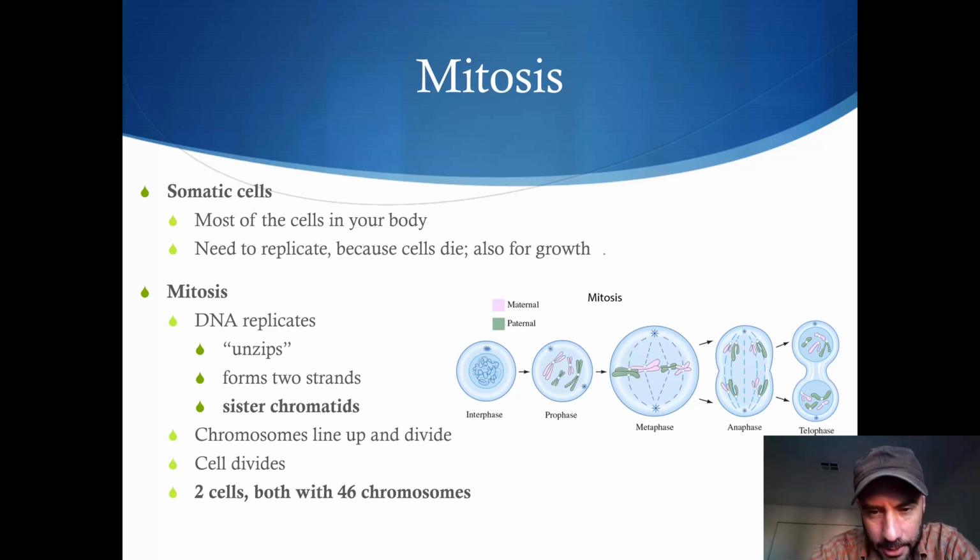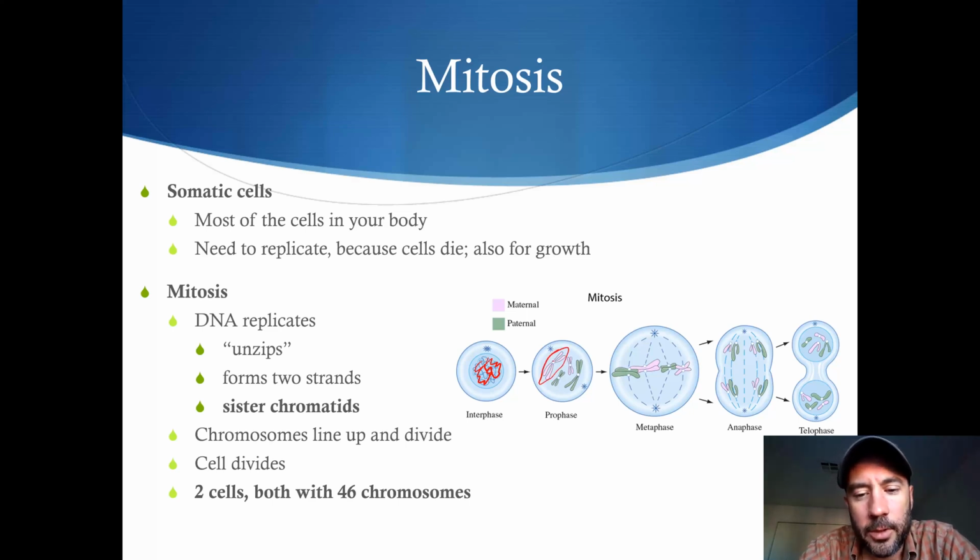So what happens? You don't need to know the names of all these phases. But essentially what happens is you've got the DNA here wound up in these chromatin strands. And then as you're going into mitosis, they'll bunch up into chromosomes.